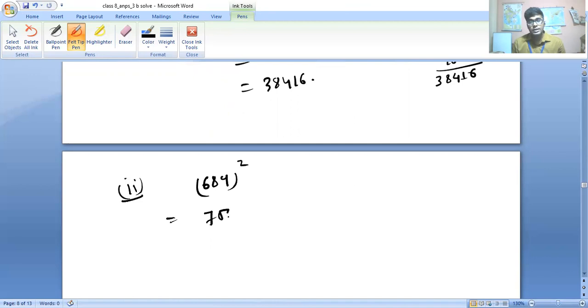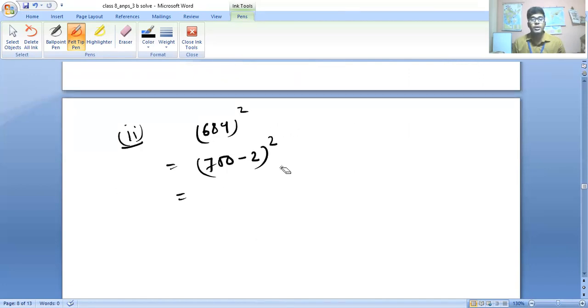So very easily this can be written as 700 minus 11 whole square. See? 700 minus 11 is 689.